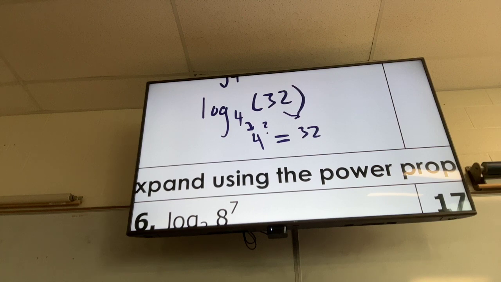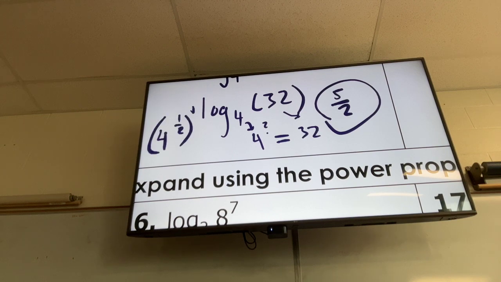Square root. So if you multiply those two numbers, you get 5 halves. If you take 4, power it to the 1/2, you get 2. And then if you raise 2 to the 5, you get 32. So it's 4 to the 1/2, then you take that number and you raise that to the 5.